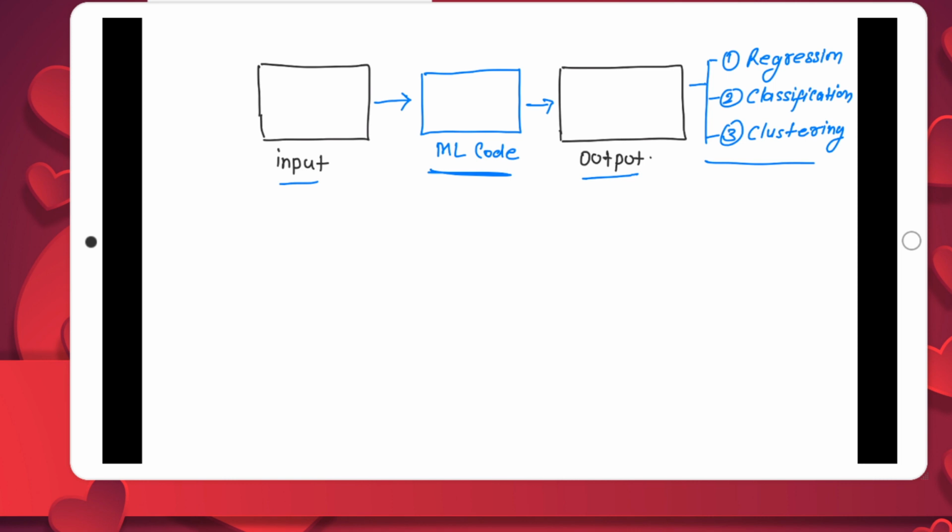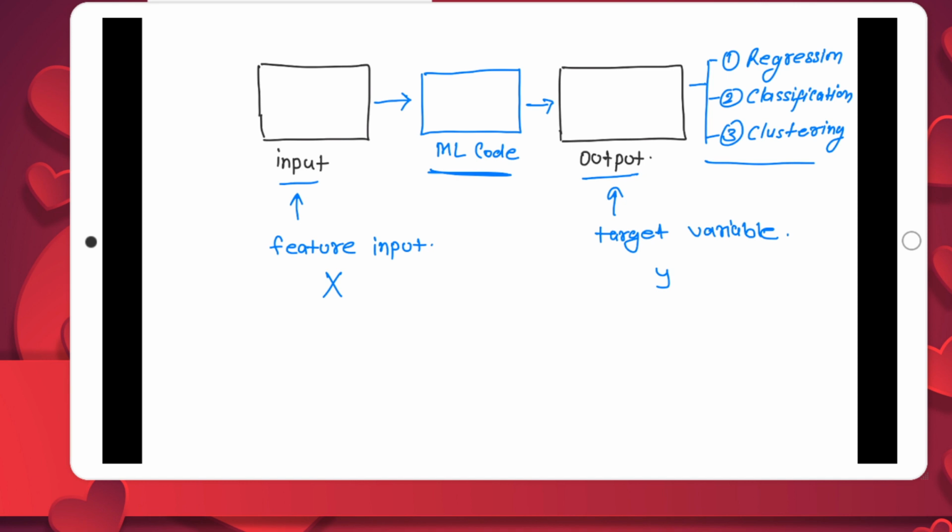This input is known as the feature input, and this output in general we say is the target variable. In machine learning language, the feature input is represented with a capital X and the output is represented with a small y.